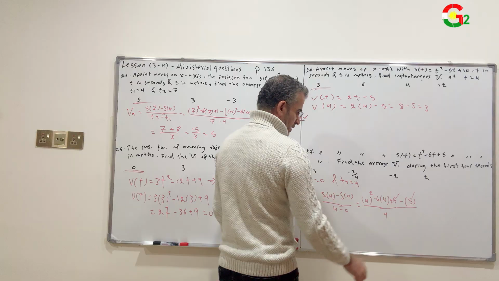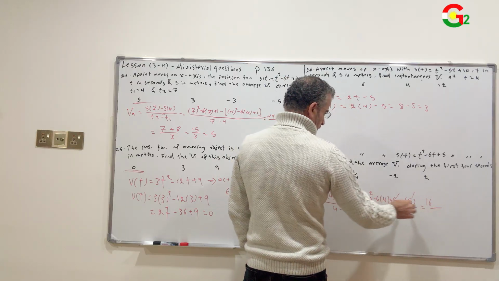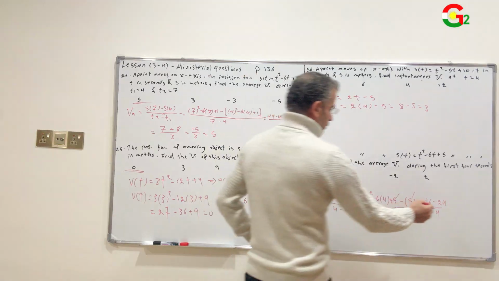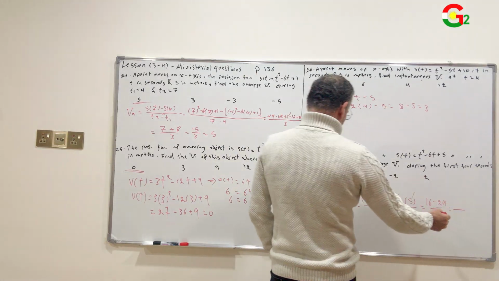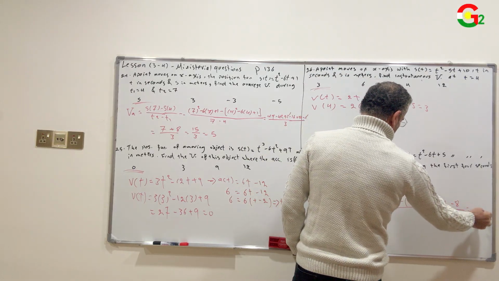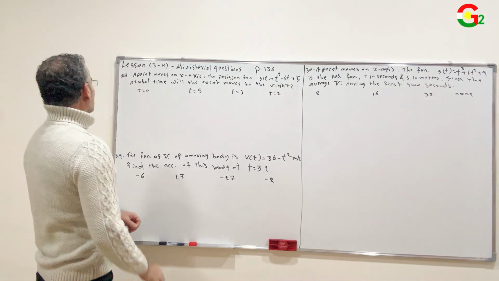Negative 5 with positive 5, then 16 minus 24 plus 5 is negative 3, equal to negative 8 over 4 equal to negative 2. Choice C.